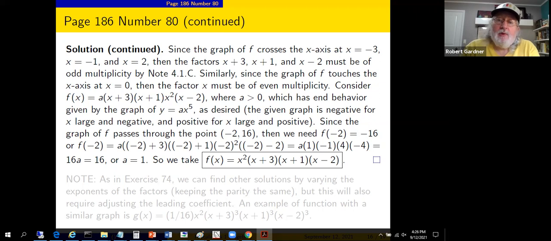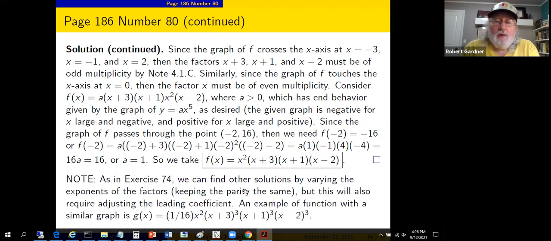For example, we could have chosen an exponent of 3 on x plus 3, as long as it's odd. Instead of 1, we could use an exponent of 3. Instead of 1 here, we could use an exponent of 3. Instead of 1 here, we could have used exponents of 3, for example. Instead of 2, we could have used 4.